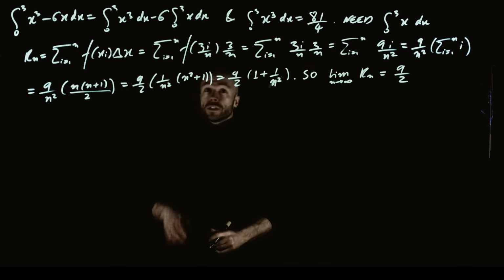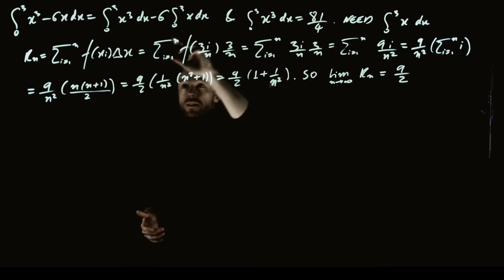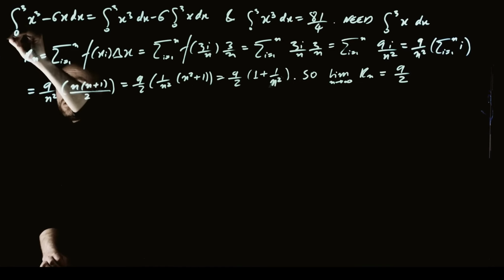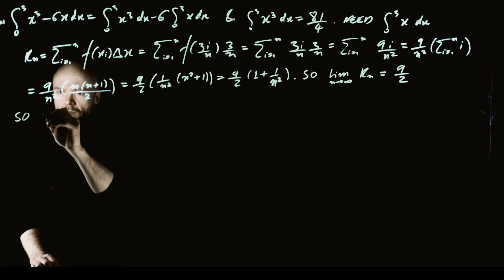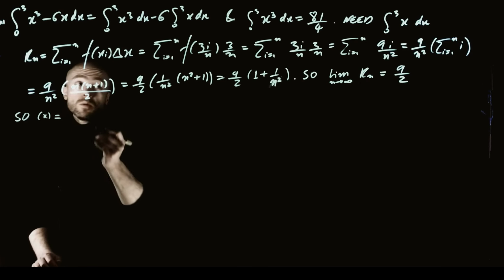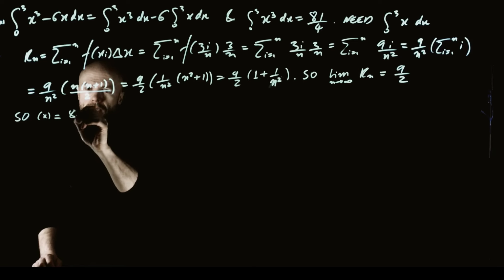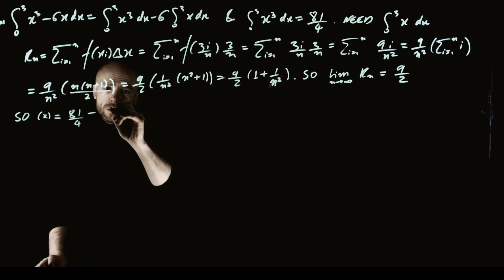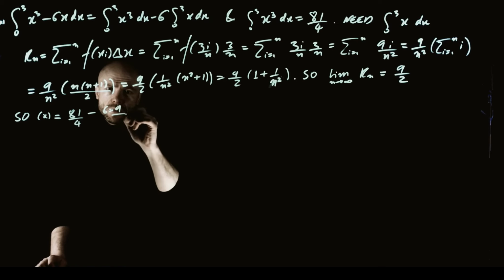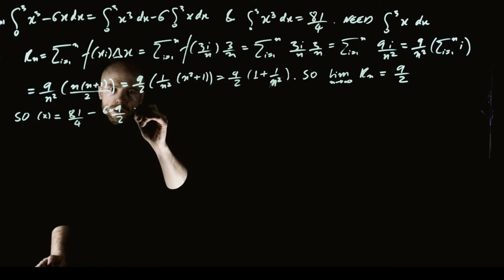Cool. So to understand this entire expression, let's call this thing star. Star is equal to this 81 over 4 minus 6 times this thing, 6 times 9 over 2. Okay.